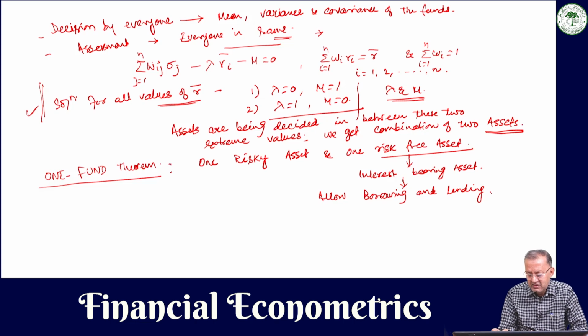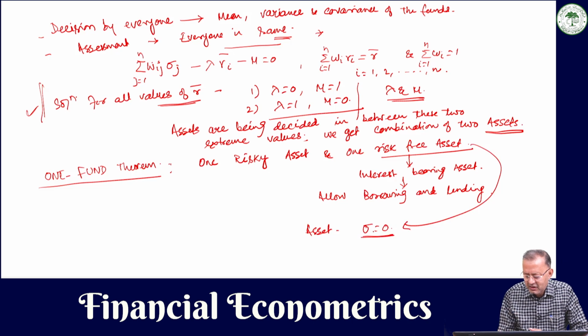A risk-free asset is an asset where sigma is equal to 0, technically speaking, where the variability in the asset is equal to 0. The return is there, it is an interest-bearing asset, but the variance is equal to 0.